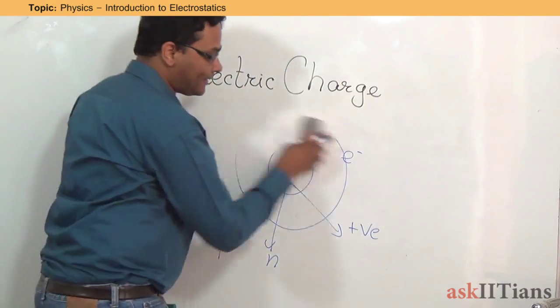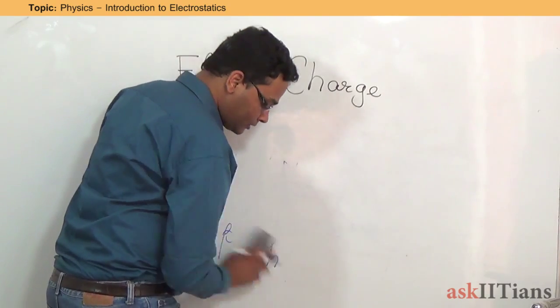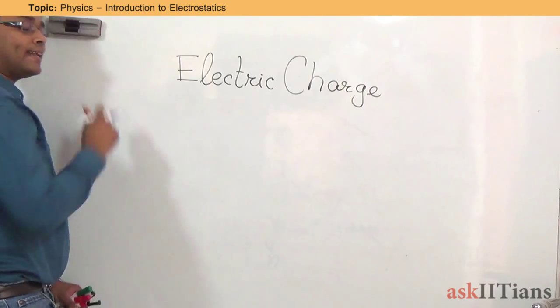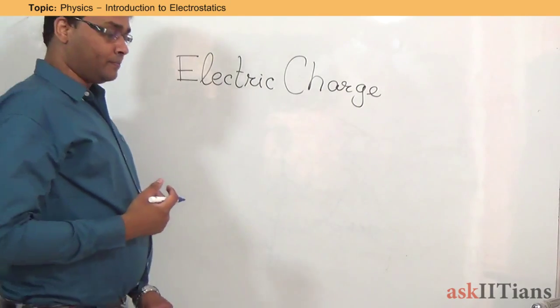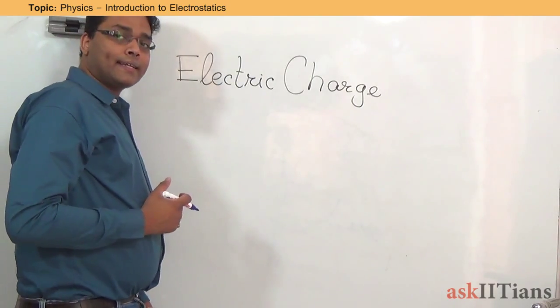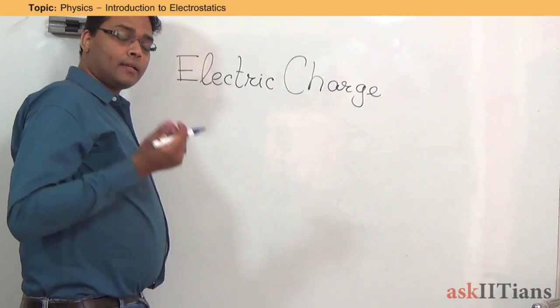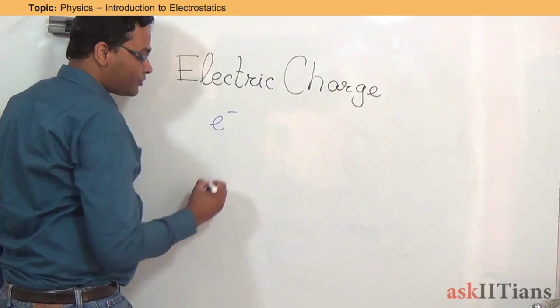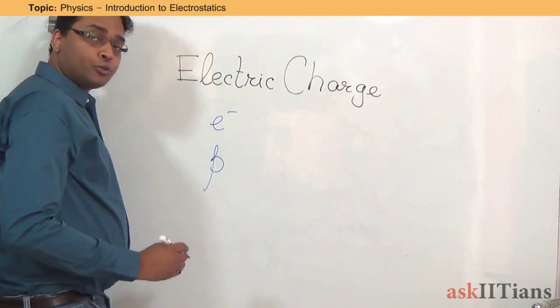So we have understood that there are three subatomic particles that exist within an atom, but two are the most important for us. We have an electron, we have a proton.